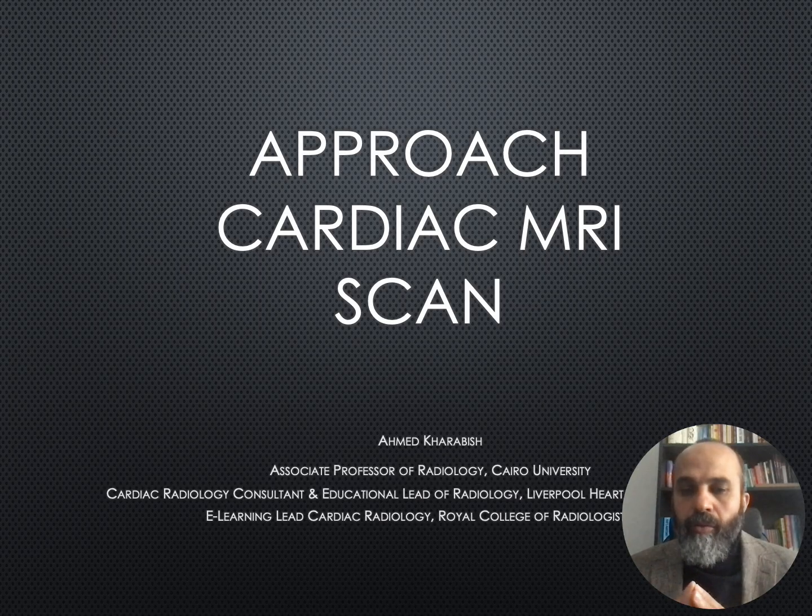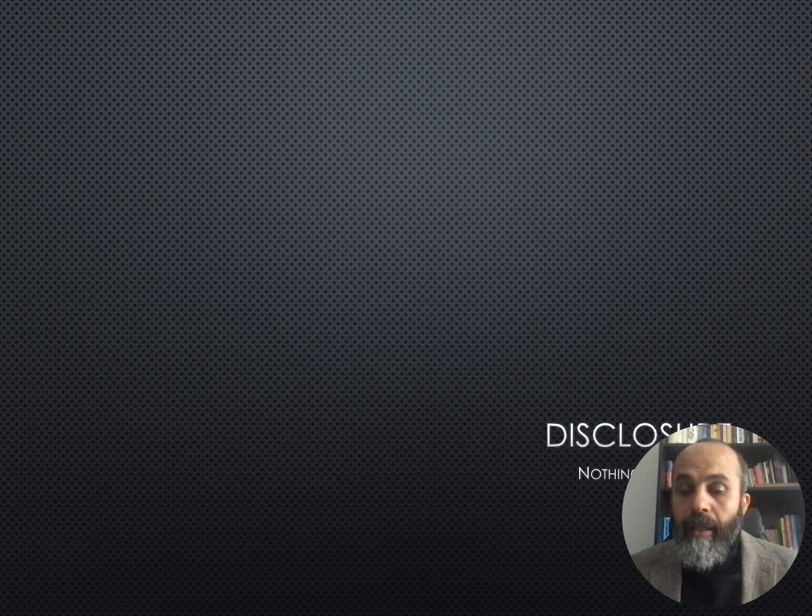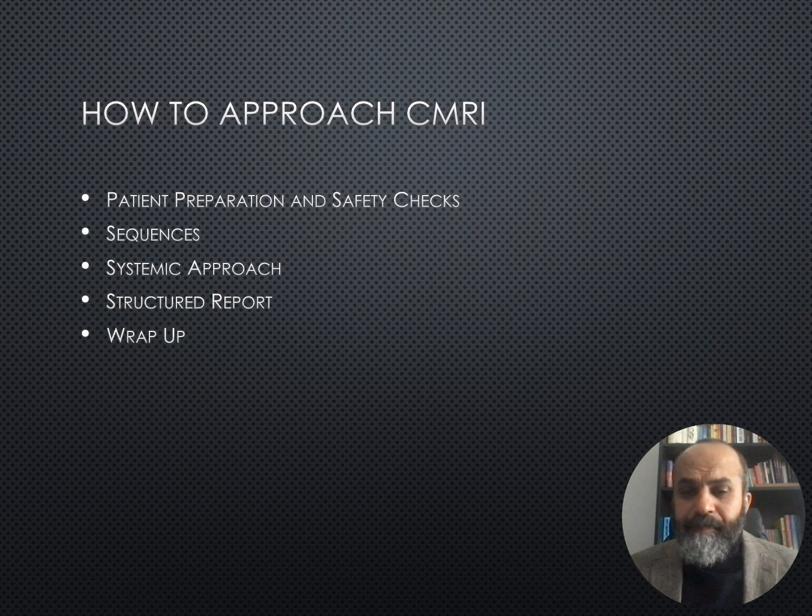So I will try to outline how an algorithm could make it easy and simplify how to reach a conclusion and a recommendation that could impact the clinical management of the patients. I have nothing to disclose.